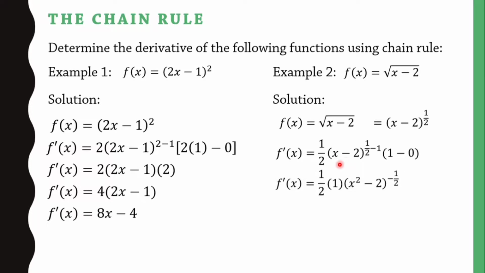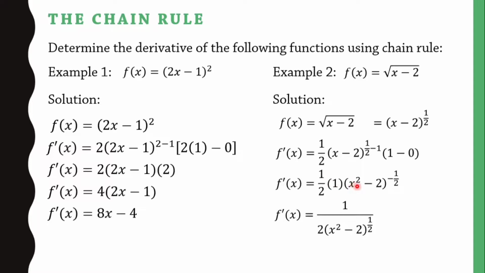That will give us 1/2 times 1 minus 0, that's 1, times x minus 2 raised to 1/2 minus 1, that's negative 1/2.